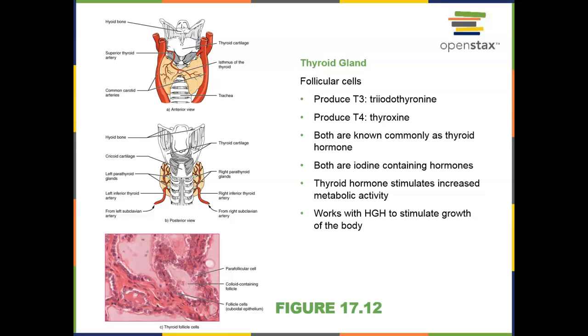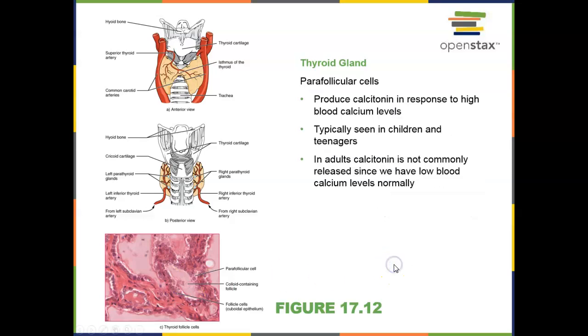So thyroid hormone functions in increasing our body metabolism. So it works with growth hormone to stimulate growth of muscles, bones, tissue, and repair, of course. The parafollicular cells then are in between the follicular cells.